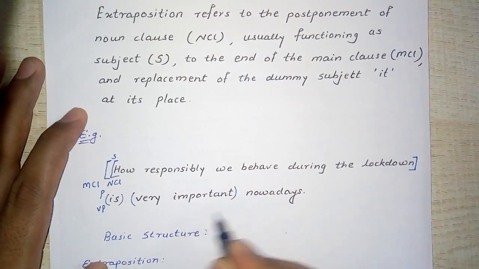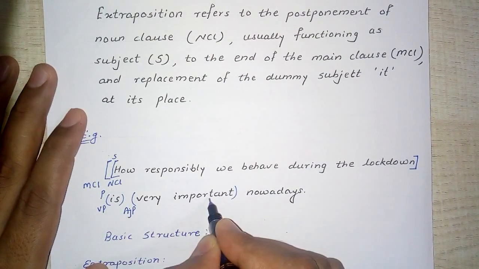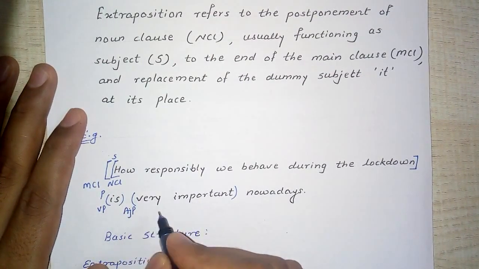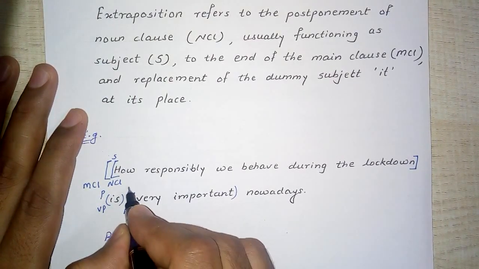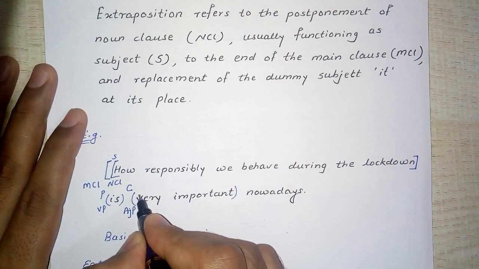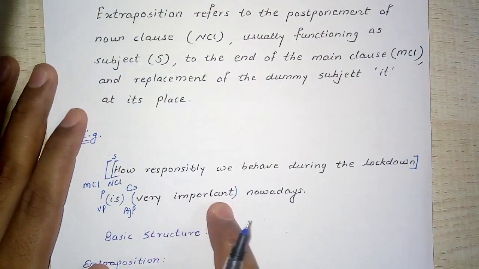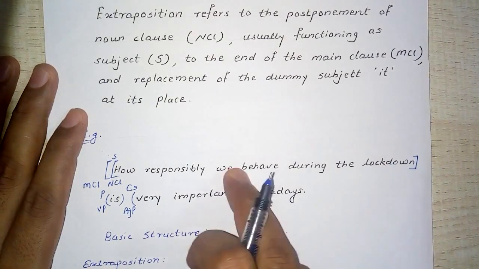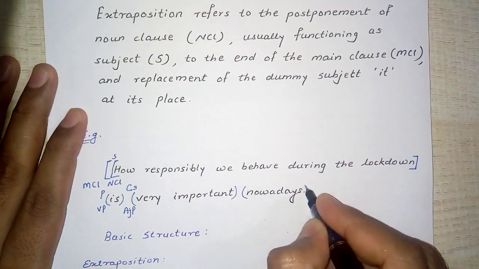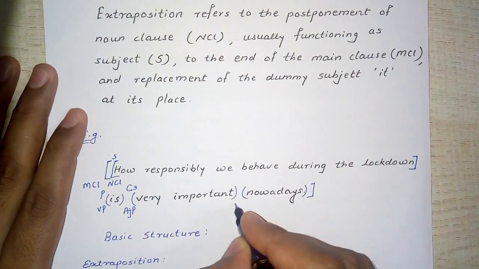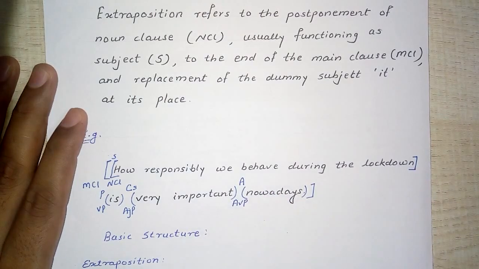Very important here in this sentence is an adjective phrase, because important is the head word, where very is modifier, so very important is an adjective phrase, and it functions as complement. Basically it is a subject complement because this phrase specifies the subject. And nowadays deals with time, that is why it is an adverb phrase and it functions as an adverbial.